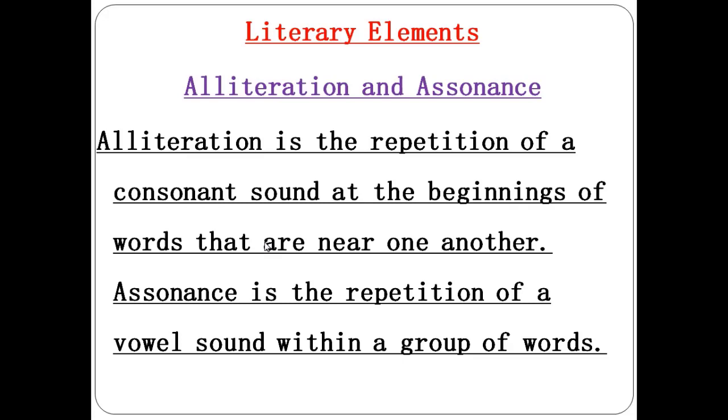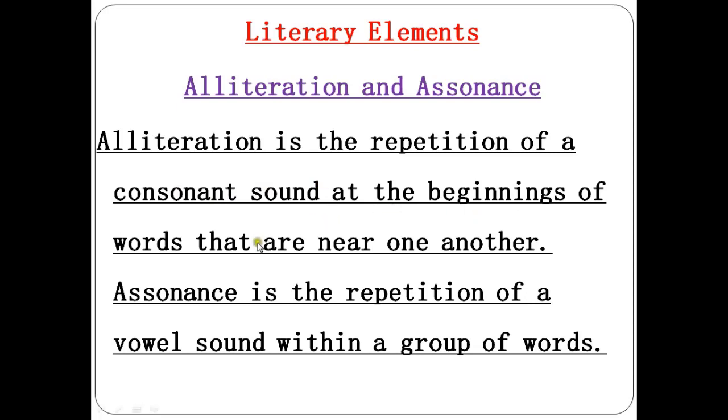Alliteration is the repetition of a consonant sound at the beginning of words that are near one another. Again, I would repeat: alliteration is the repetition of a consonant sound. Consonant sound and vowel sound, you know, and you have been studying in your phonics and spelling book.